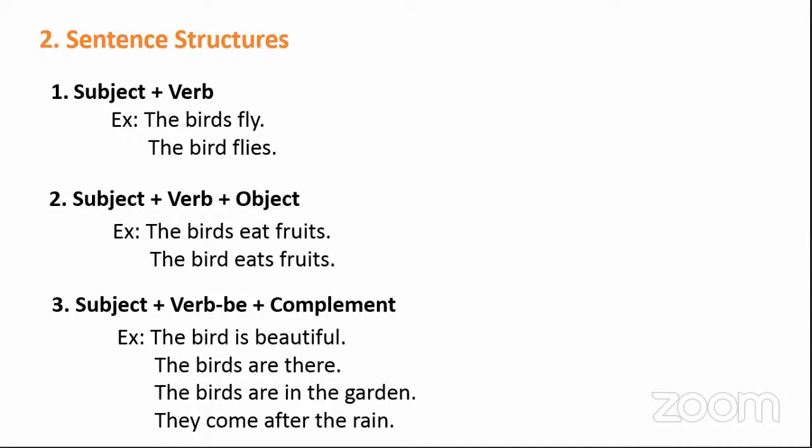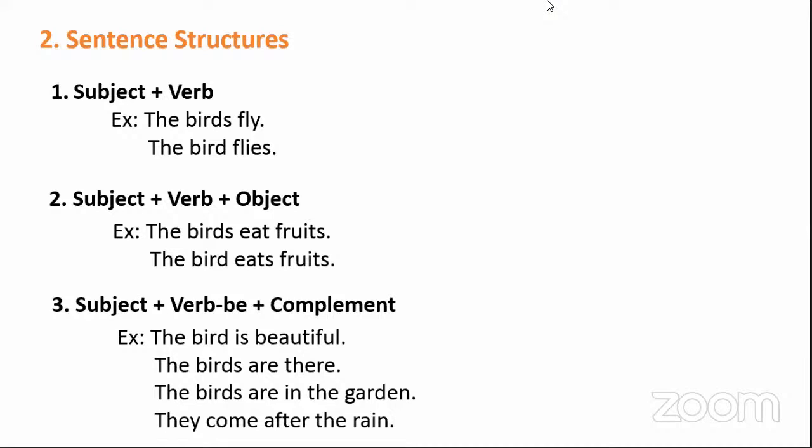We have put here the subject verb pattern. Now we have the subject as the birds. So what do they do? They fly. The birds fly. Now here the plural subject, birds. But the verb we don't have is.